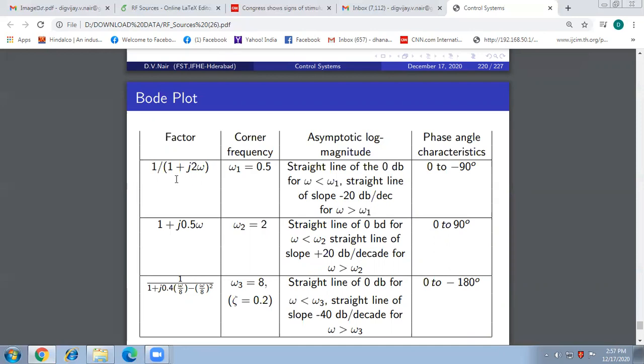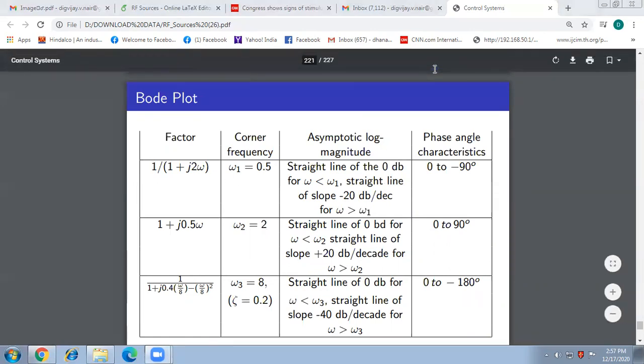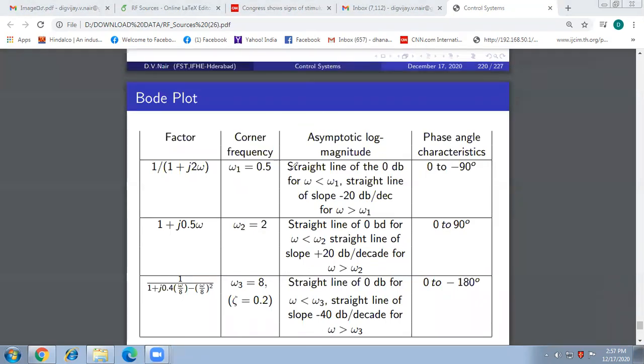Now this factor we have already seen, right? Its corner frequency is 0.5. So it will be interesting to quickly obtain the Bode plot for this. Let me draw it here. The corner frequency identified is 0.5. If this is the vertical line omega equal to 0.5, then below this corner frequency the magnitude plot will be a 0 dB line, right?